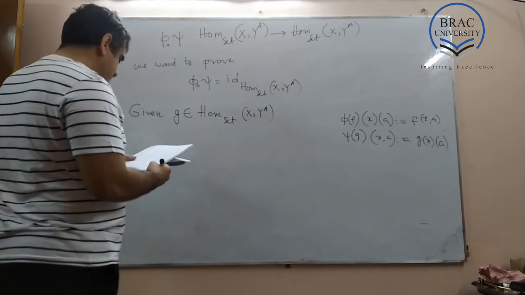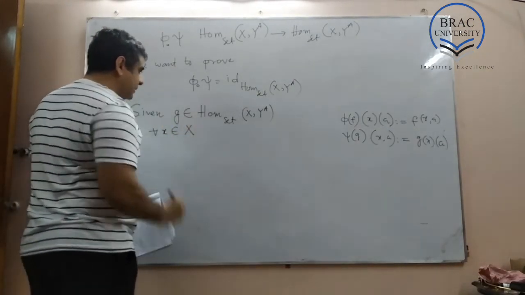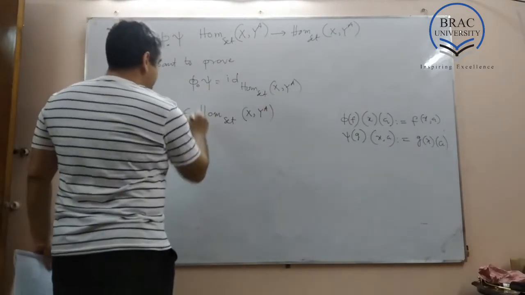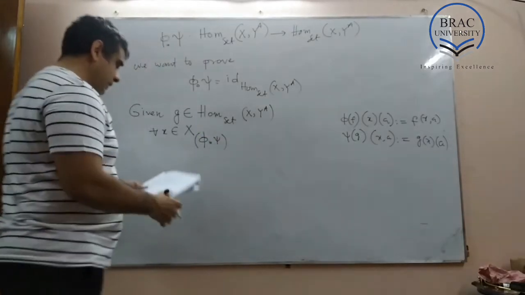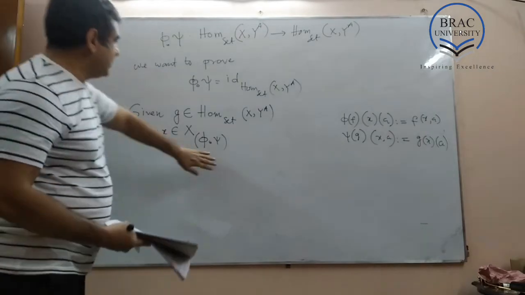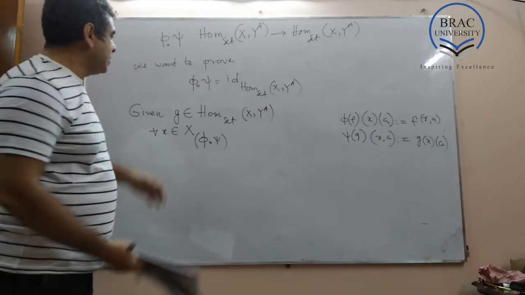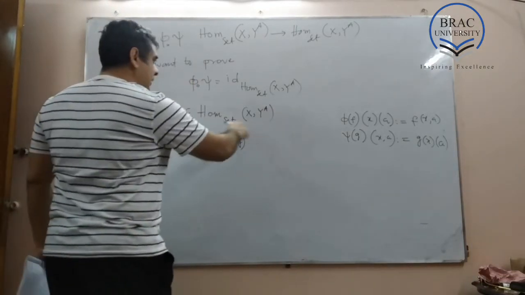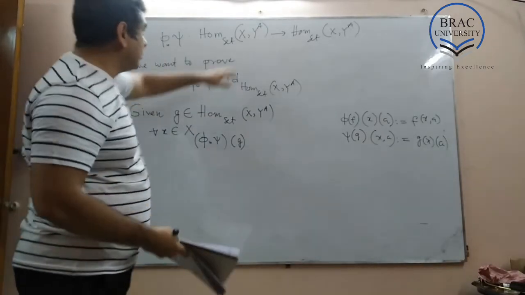Okay, so for all small x in x. So what is this map? I compose with psi, right? Well, when this guy acts on an element from this home set, we end up with an element again in this home set.